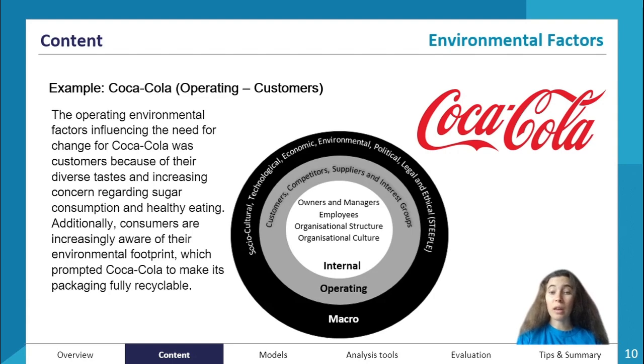So government and political decision making would have played in here as well on that macro level, and then the environmental footprint as well. So, for example, in this case, one of the changes that Coca Cola made was making its packaging fully recyclable, to cater to those environmental pushes in the market.